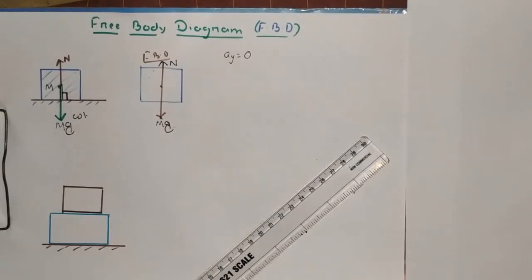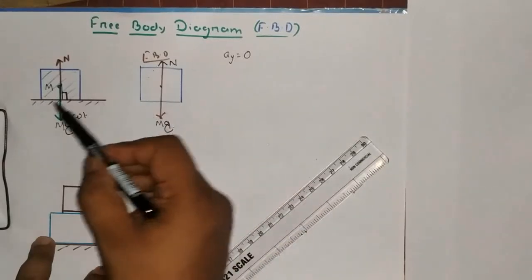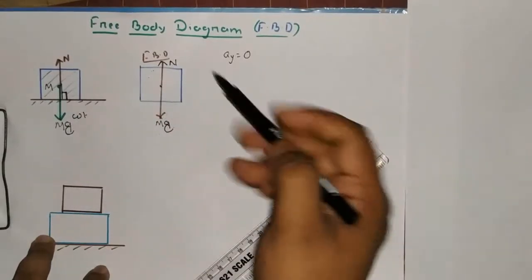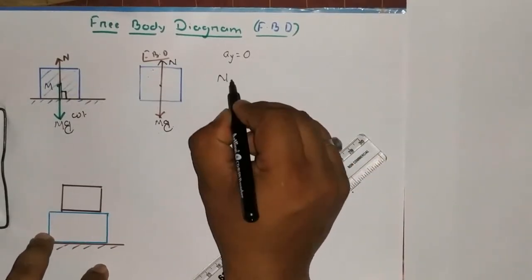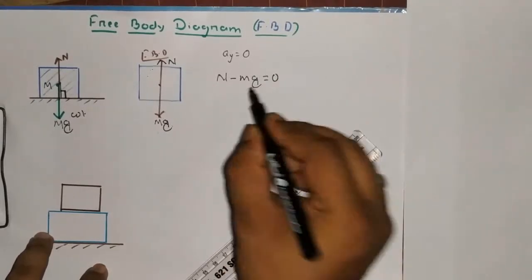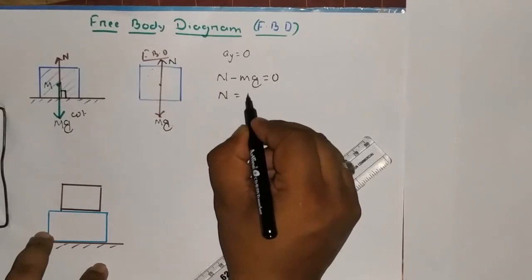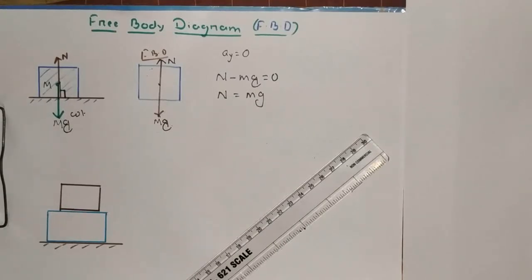Yes, the Cartesian coordinate system you apply. Upward means plus, downward means minus, left side means minus, right side means plus. That concept will apply. So I will write N is plus, mg is minus, resultant force is 0 because m ay is 0. So here what I got, N equal to mg. That means here the normal reaction is m into g. After this class, I will give you some task, you have to solve it.